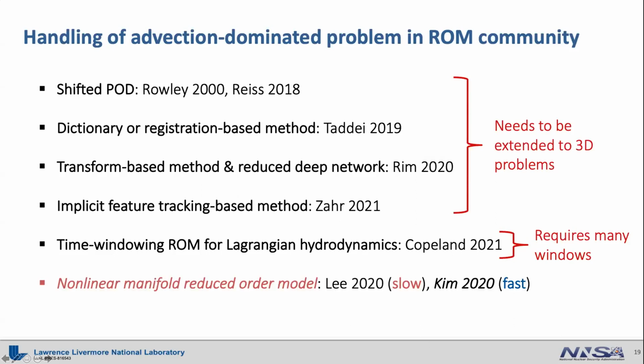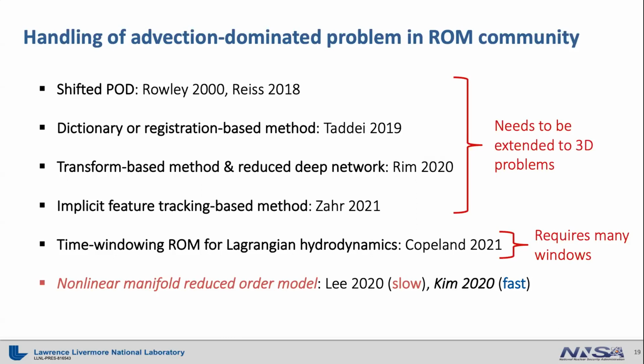So we focus on the nonlinear manifold reduced model, first introduced by Youngsoo Choi and Kevin Carlberg in 2020 from Sandia National Lab, where the linear subspace solution representation is replaced by the nonlinear manifold solution representation.